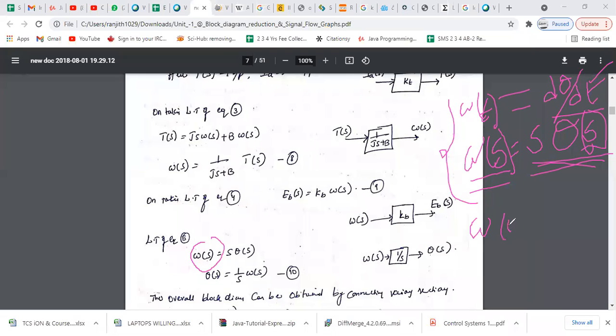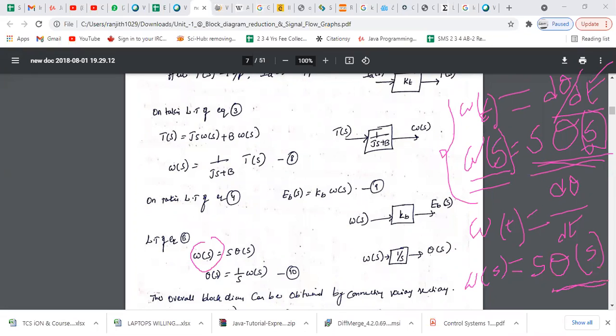S into theta of s. So omega of s equals s into theta of s, right?